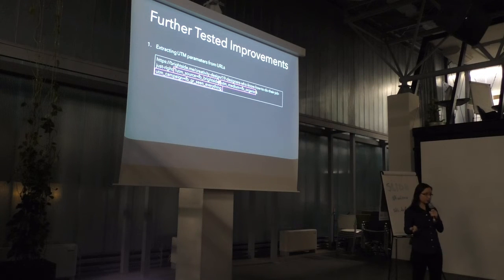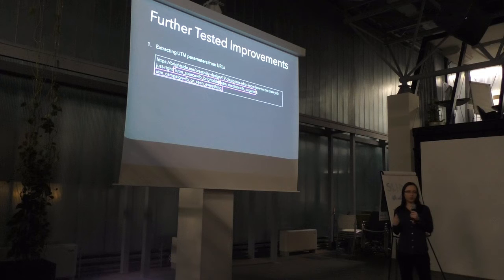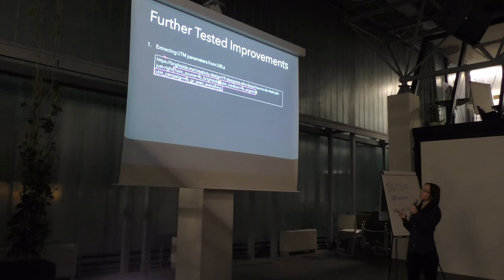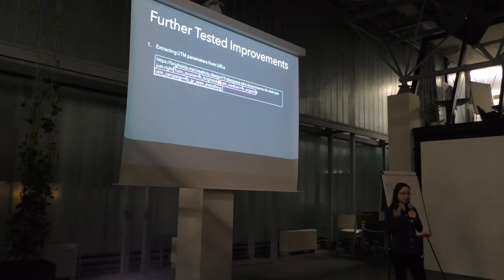And once we had this solution ready, we decided to apply a few further improvements. The first one we thought of was extracting UTM parameters from the URL and then tokenizing the URLs without them, because UTM parameters are just added tracking parameters that don't give us any additional information about the topic of the articles.